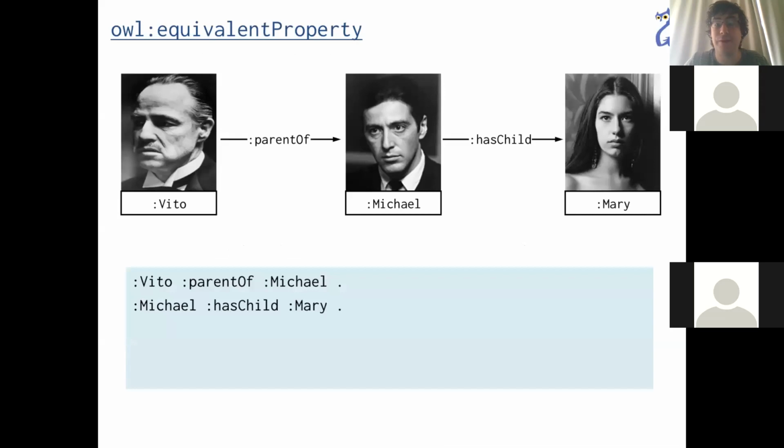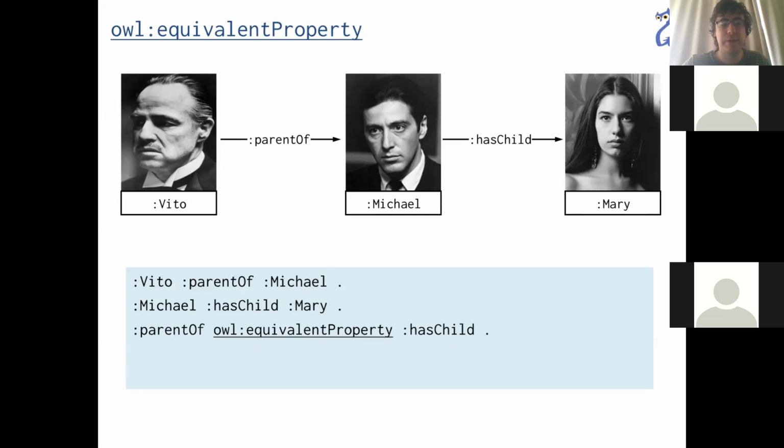So we have equivalent property. How does this work? It's like a bidirectional version of subproperty of. It says that there are essentially 2 names for the same binary relation. So if we think about it for a second, we might think parent of and has child are just 2 different ways of naming the same relation, right? So here we have Vito parent of Michael, and Michael has child Mary. So if we say parent of is equivalent property has child, what can we infer?